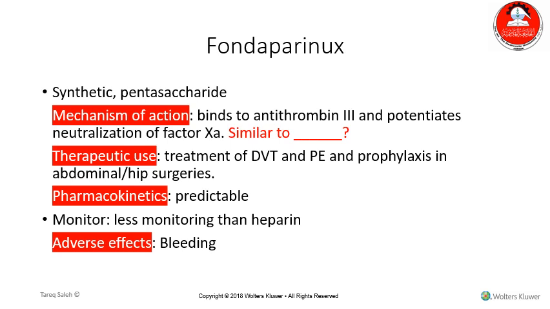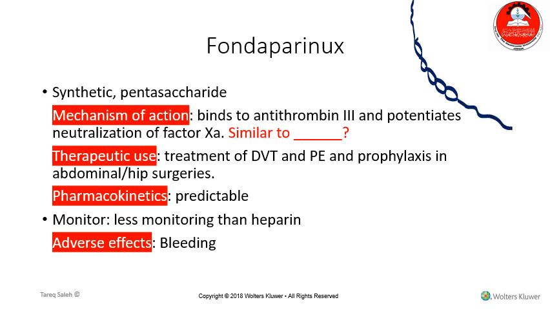Lastly, fondaparinux is a synthetic anticoagulant. It is basically a pentasaccharide. Remember that when we discussed the mechanism of action of both unfractionated heparins and low molecular weight heparins, we indicated that a pentasaccharide sequence in the heparin molecule is the active sequence that is required for its binding and activation of antithrombin 3.